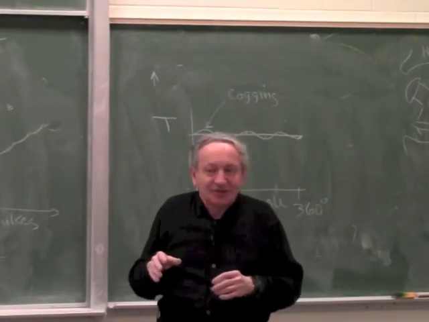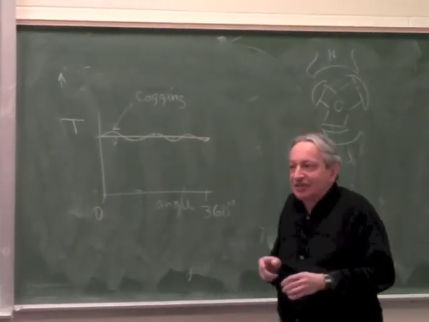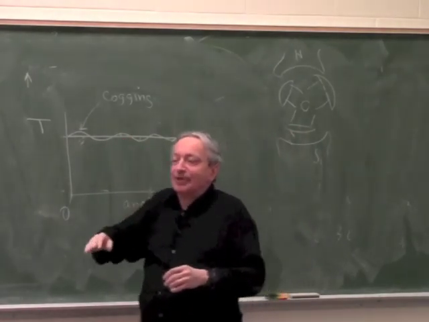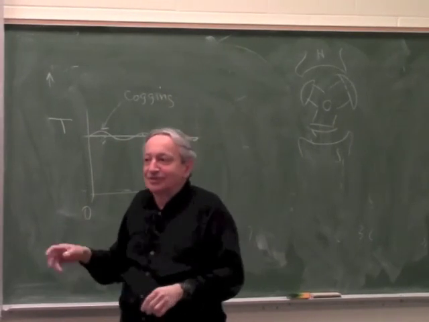Because of that, the motors designed for servo systems try to minimize this. Somewhere at the bottom of the spec sheet it says cogging torque 1% or 2% or 3%.